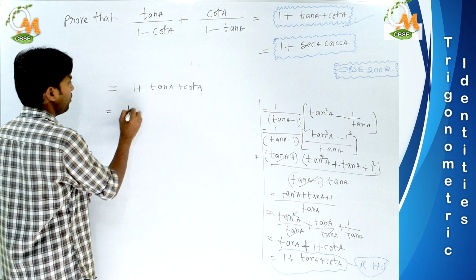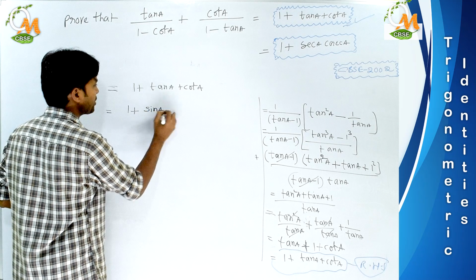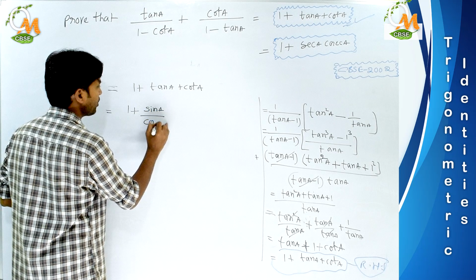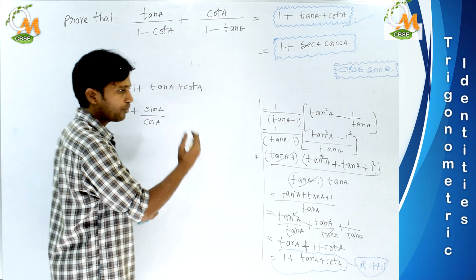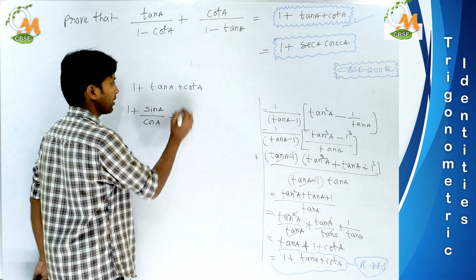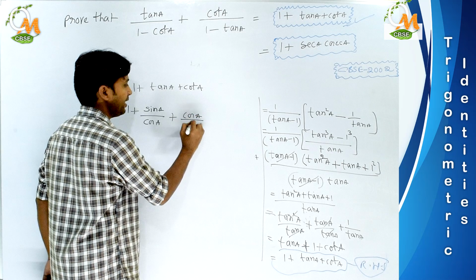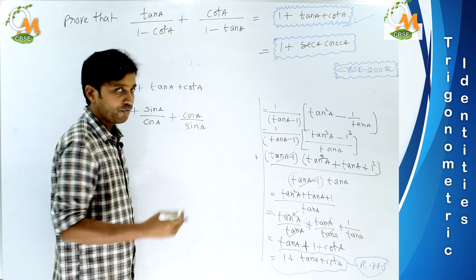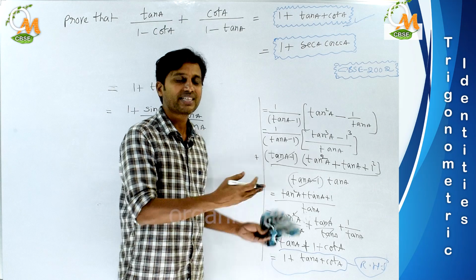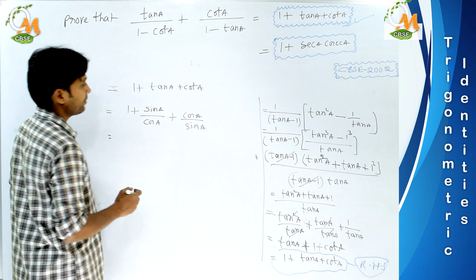See this here, tan A can be expressed as sin A upon cos A, because it is a ratio of sine to cos. And cot A can be expressed as what? Cos A upon sin A, because it's the ratio of cos to sine, or the reverse of tan. Now what can we do here?